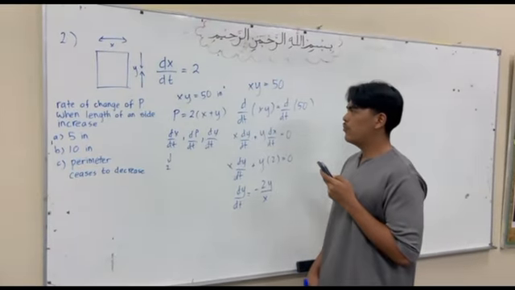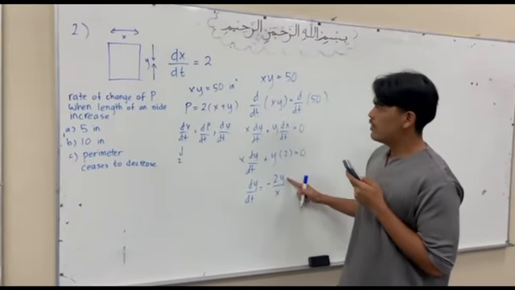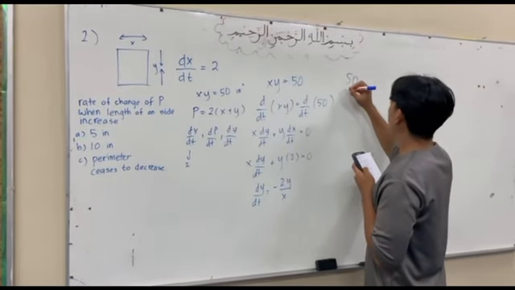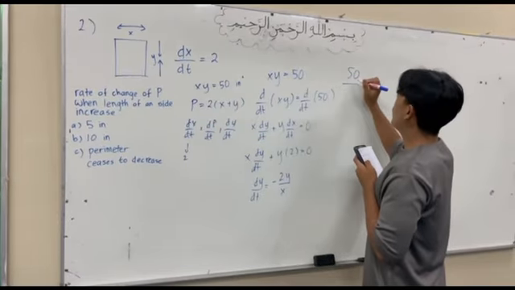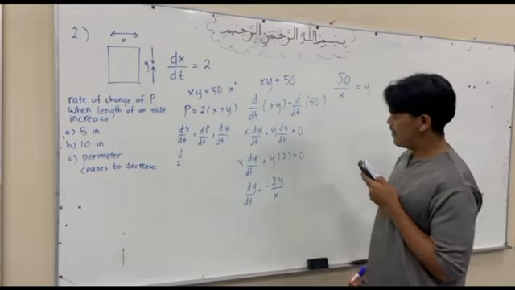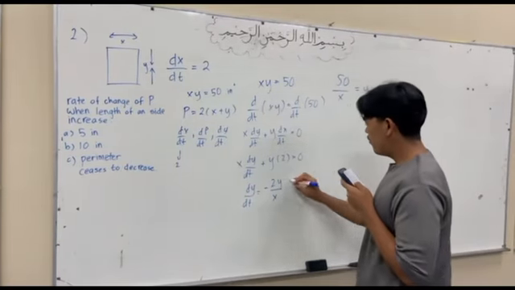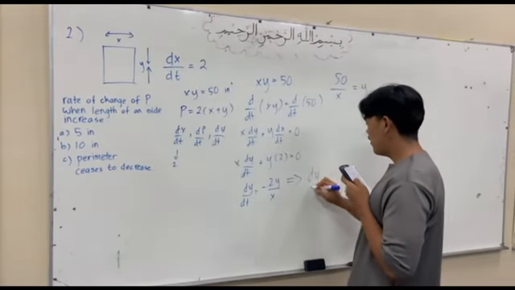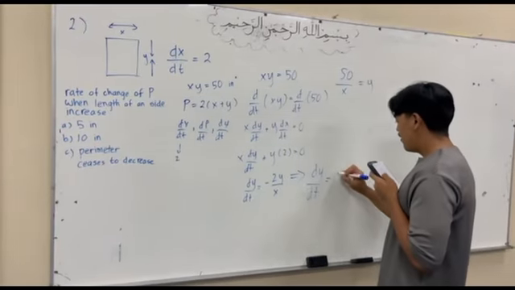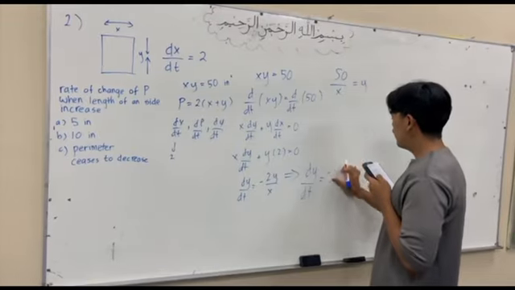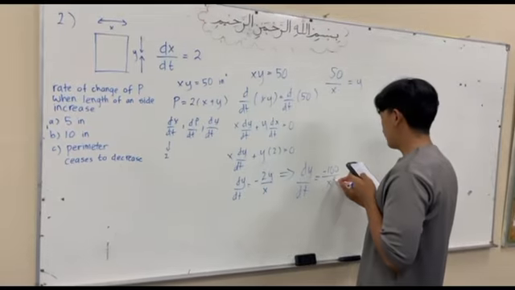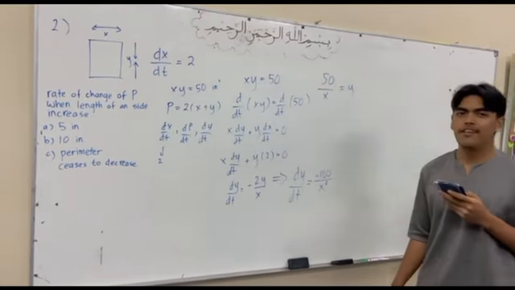To find y, we can use this equation again. So xy equal to 50, y equal to 50 over x. So replace it again. We got dy/dt equal to negative 100 over x squared.